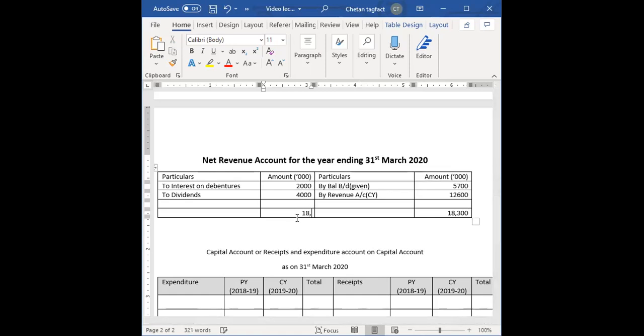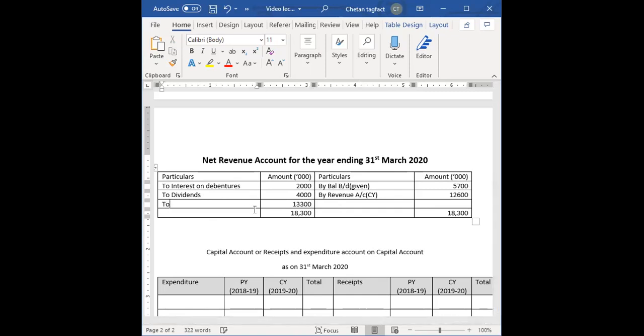So I take the same balance onto the debit side as well, and this is going to be my balancing figure. So 18,300 minus 6,000 will give me 13,300, and this is the balance that has to be carried to my general balance sheet.